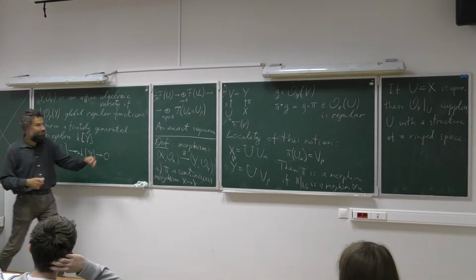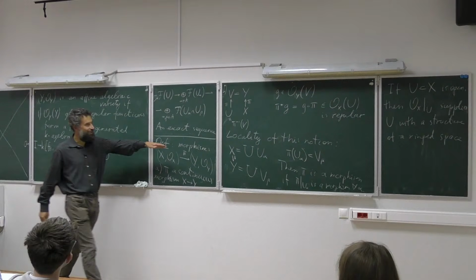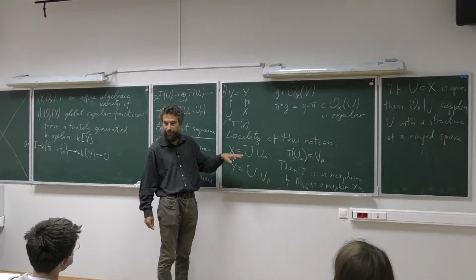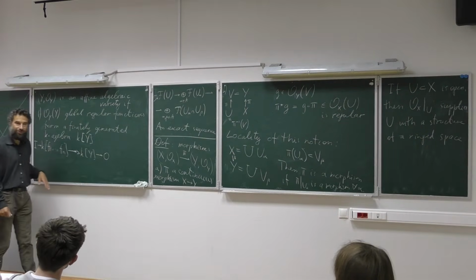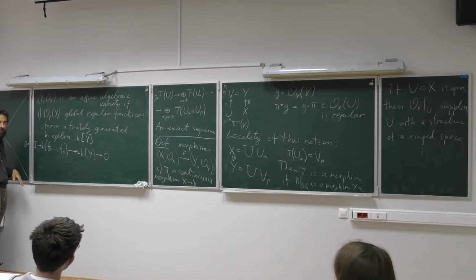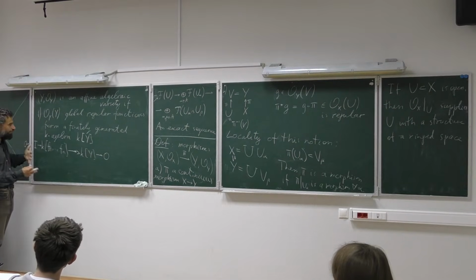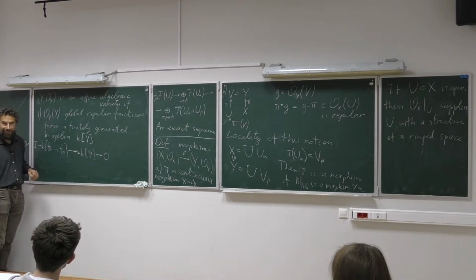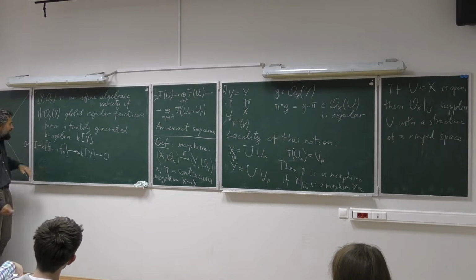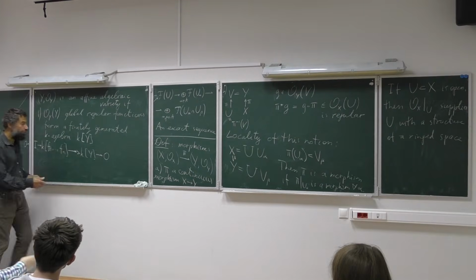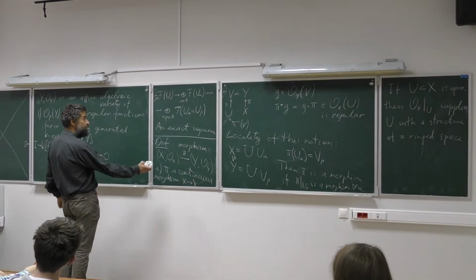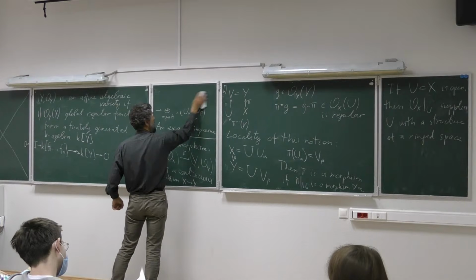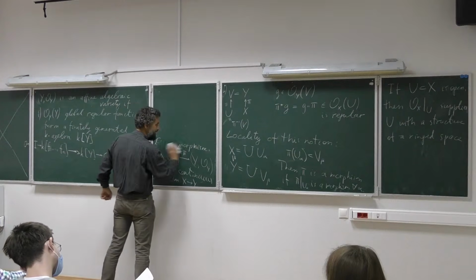But then at some point I wrote here that the regular functions must form a ring. You can subtract them, add them, multiply them, so it's always an algebra. In particular, there's an algebra of global regular functions, and this algebra must be finitely generated. But that's not all, because there is a second condition.